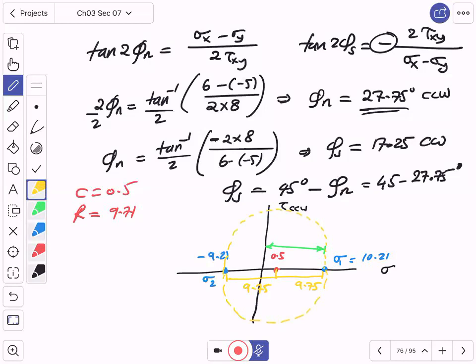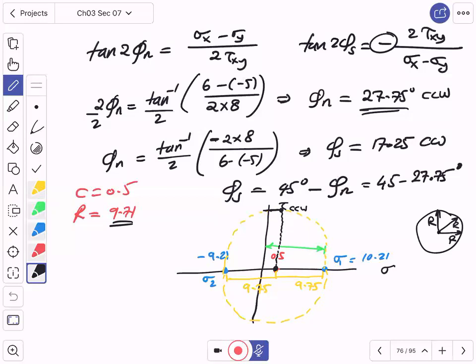But if you think about it, going from this point all the way up where the circle is going to intersect a point, this point will be how much? It is the radius. Right? If I come from the center and go here, this is a radius, go here, this is a radius, this is a radius. So this distance is the radius. Remember the radius? It is 9.71.